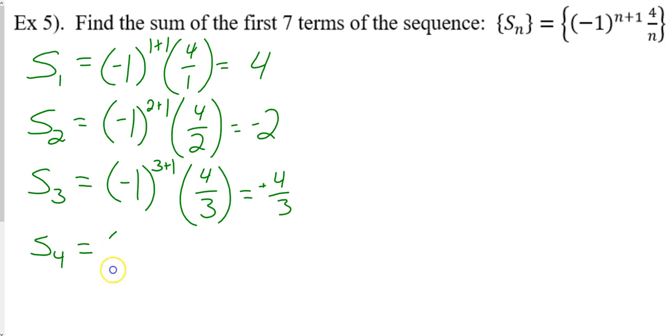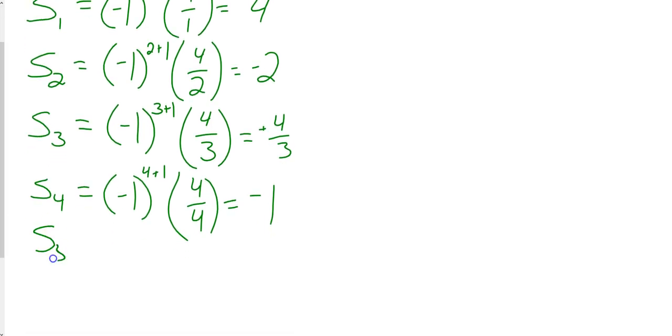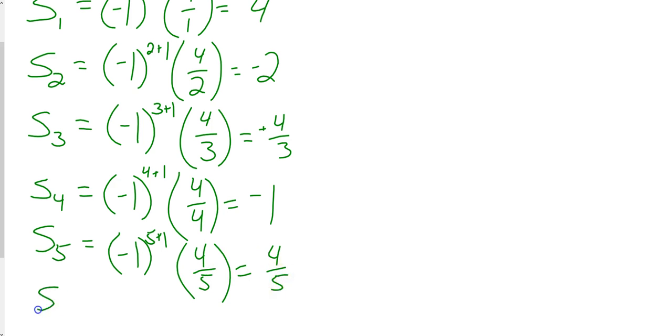S sub 4 is -1 to the 4 plus 1 times 4 over 4, which would be -1. S sub 5, -1 to the 5 plus 1 times 4 over 5 is positive 4/5. We would get S sub 6 is -2/3.